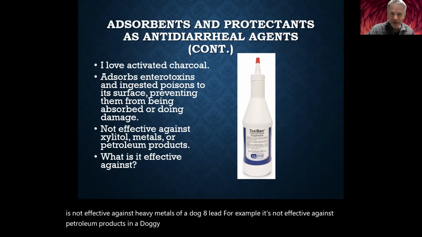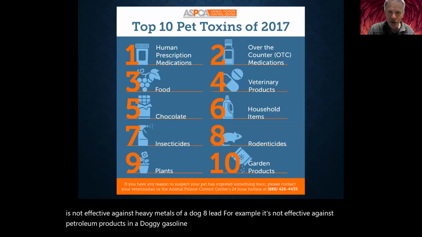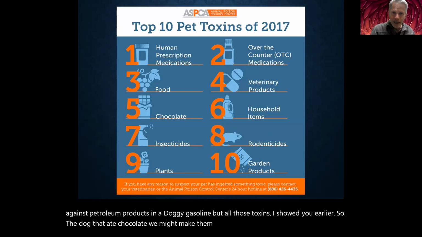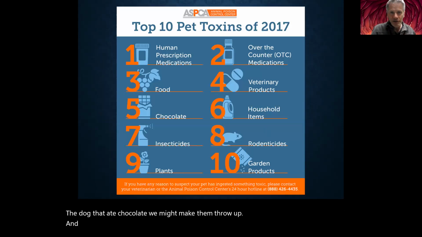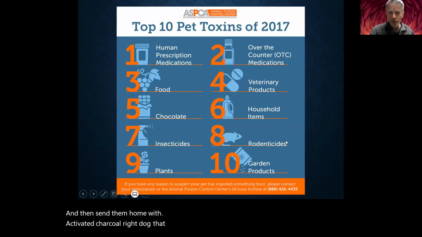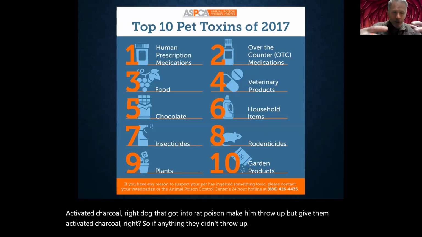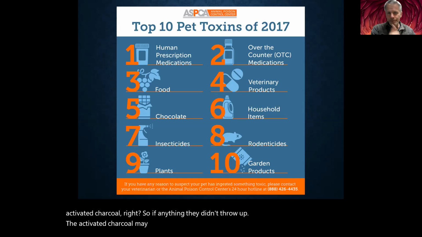But what is it effective against? Well, all of those toxins I showed you earlier. So the dog that ate chocolate, we might make them throw up and then send them home with activated charcoal, right? Dog that got into rat poison, make them throw up, but give them activated charcoal, right? So if anything they didn't throw up, the activated charcoal may grab onto and then they'll poop it out.